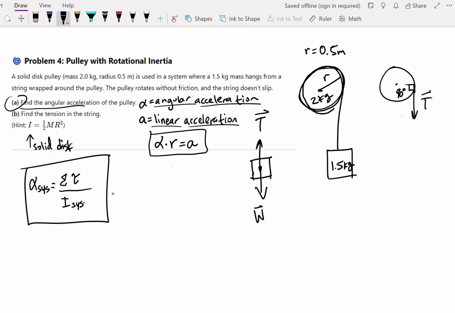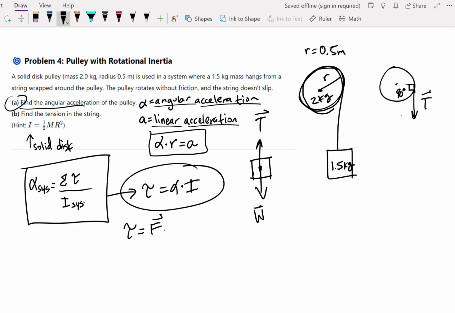To use this, we're going to solve for the torque, multiplying both sides by the inertia, given that the torque is equal to the angular acceleration times the inertia. The other equation for torque is the force times the radius times sine of the angle.